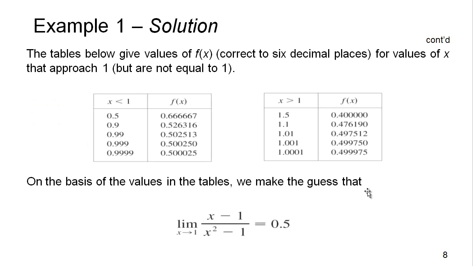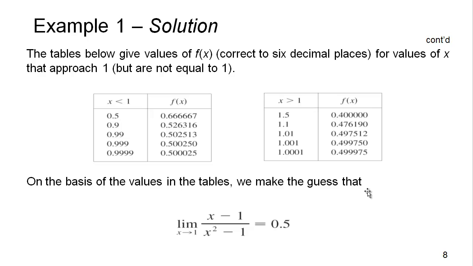We can look at those numbers numerically. We can put a bunch of values into the function and get a bunch of answers, look at a bunch of f of x's, a bunch of y's, and look for a trend. We can see that as x approaches 1 from below, numbers smaller than 1, it looks like it's approaching 0.5.